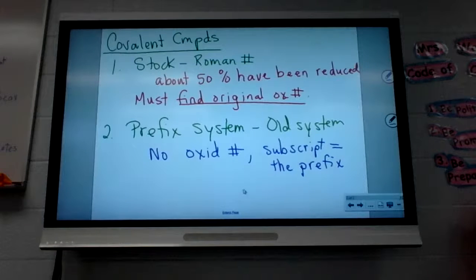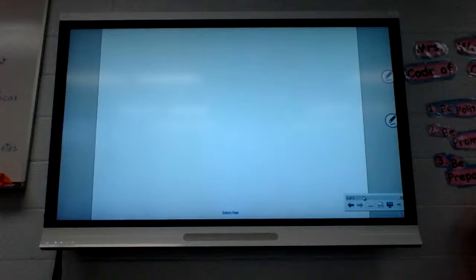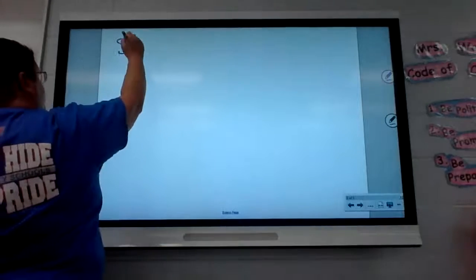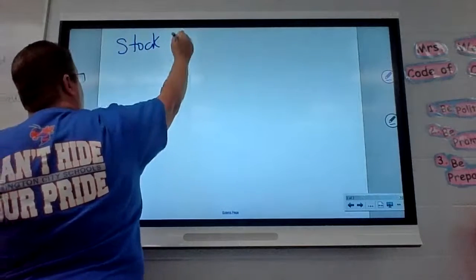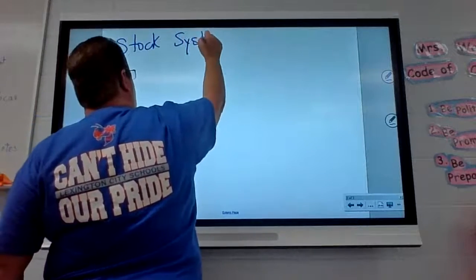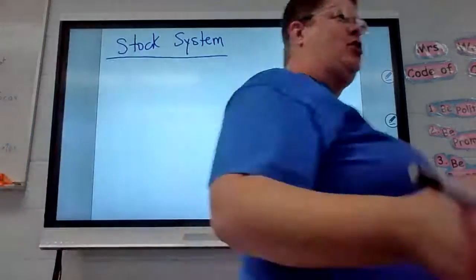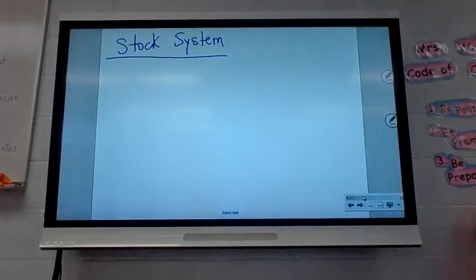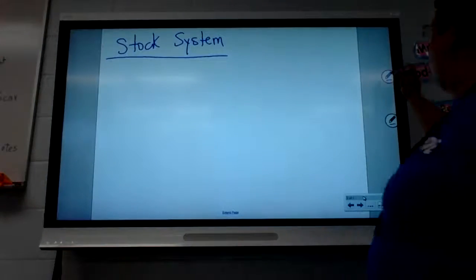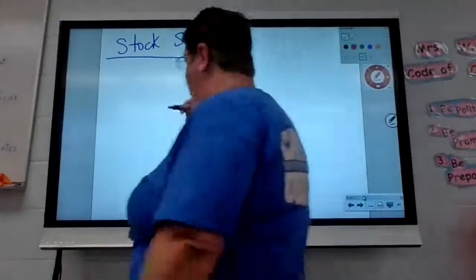All right, we're going to start with stock because that's the one we already know how to do. The rules are not different. We have no steps to write down. Okay? The only reason that we need to practice the stock system is because we need to figure out how to determine if something's been reduced. That's the part we need to master.